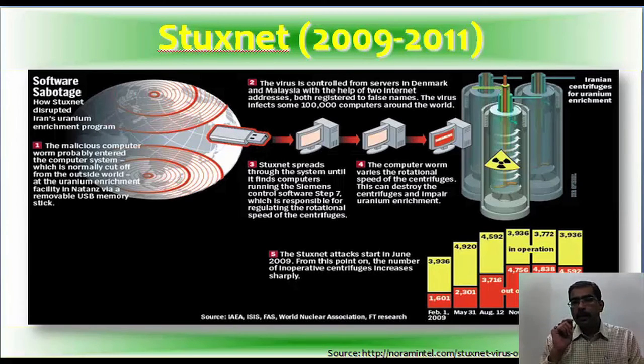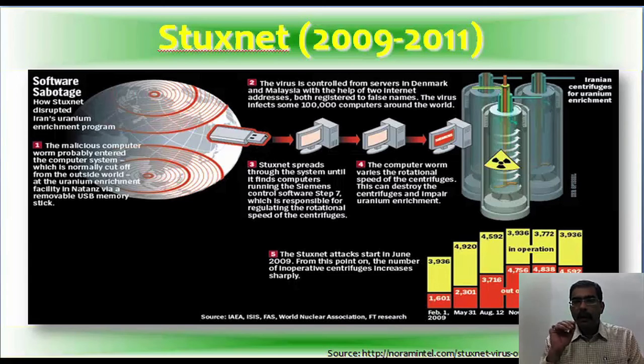Now take a look at Stuxnet, 2009 to 2011, software sabotage: how Stuxnet disrupted Iran's uranium enrichment program. First, the malicious computer worm probably entered the computer system, which is normally cut off from the outside world, at the uranium enrichment facility at Natanz via a removable USB memory stick.